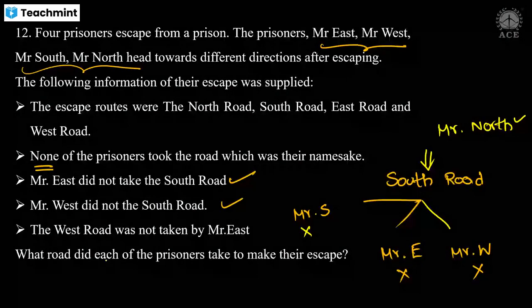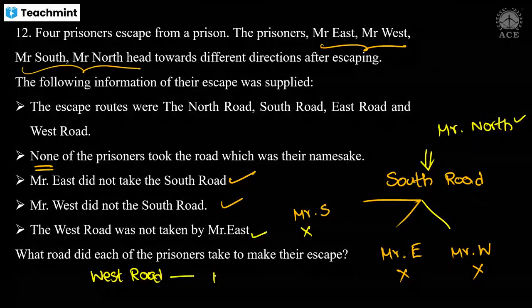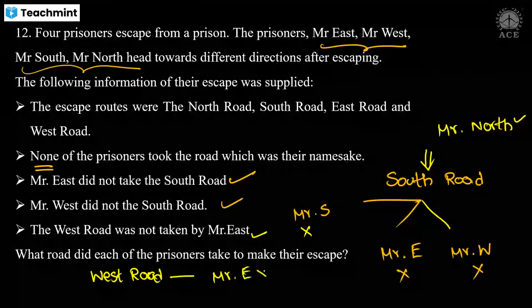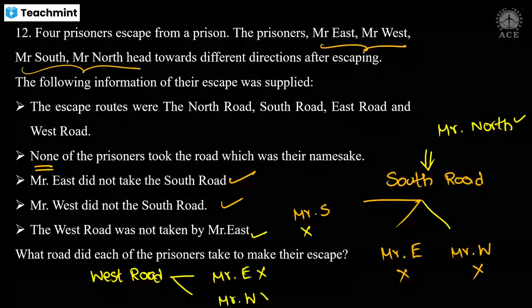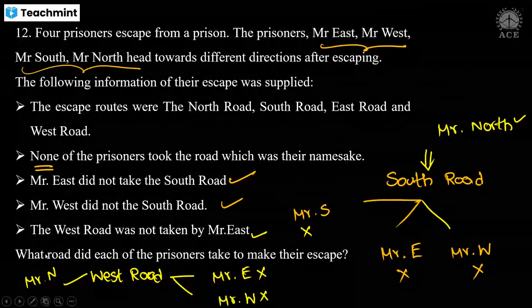The west road is not taken by Mr. East. Mr. East is not taking the west road. Mr. West by default can't take the west road. Mr. North has also already taken the south road, he can't go. Now, who is allowed to take the west road, my dear friends?